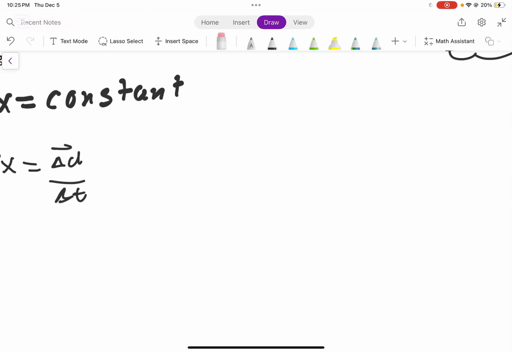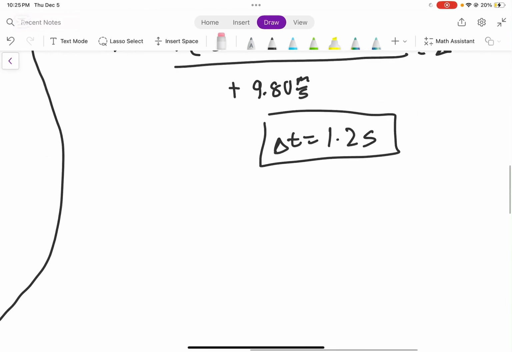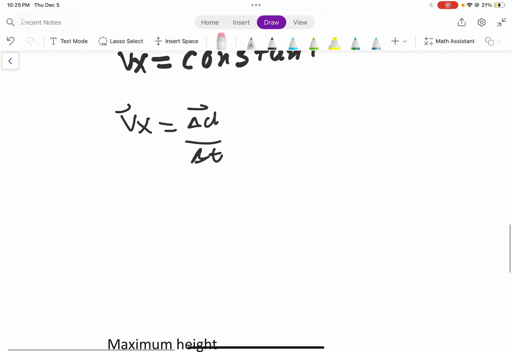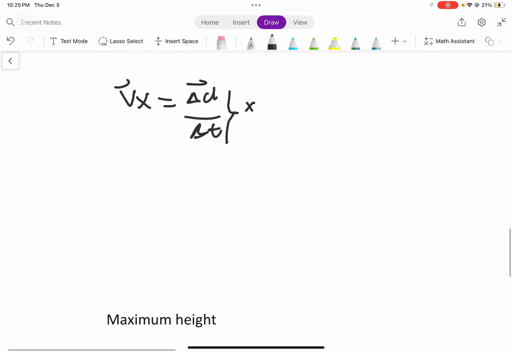So we're looking for delta d. And in this question, we already calculated the time, 1.2 seconds. So if we multiply simply by time, we'll be able to isolate for delta d. So Vx times delta t is equal to delta d.